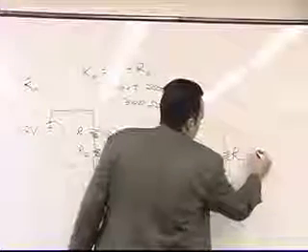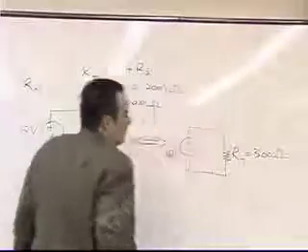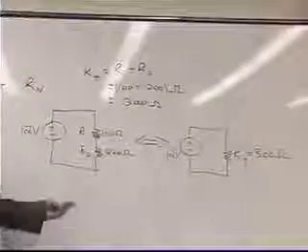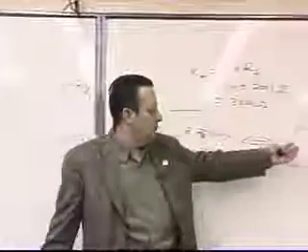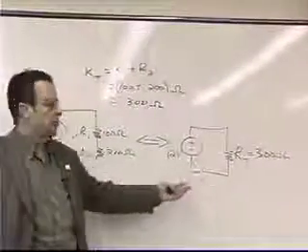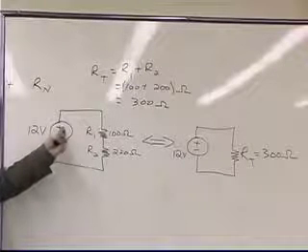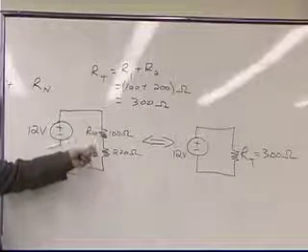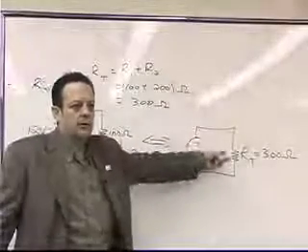And that total resistance we found to be 300 ohms. Okay? Now, obviously it simplifies it because you only have two things in the circuit, whereas in the beginning we had three things in the circuit. We had a battery and we had two resistors. In the simplified circuit, we have a battery and one resistor.